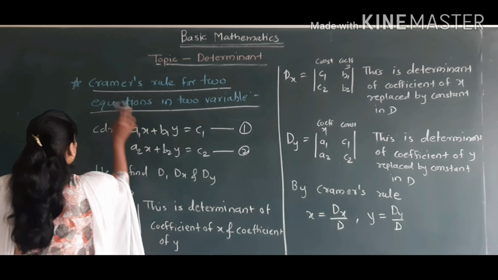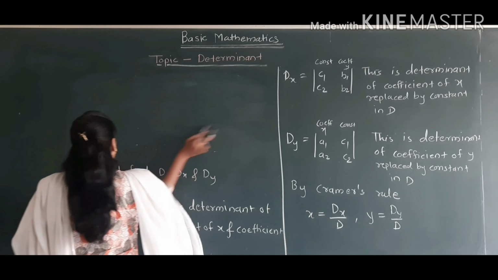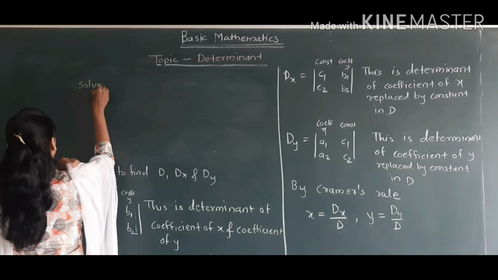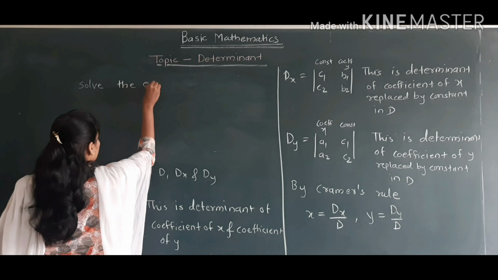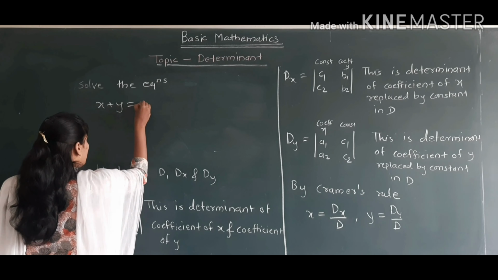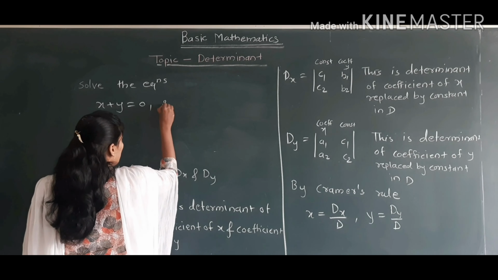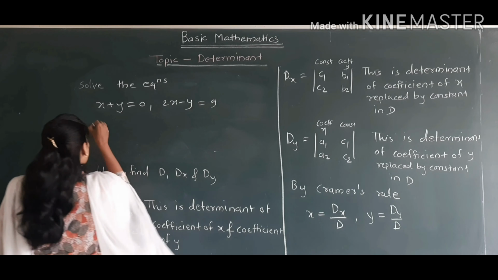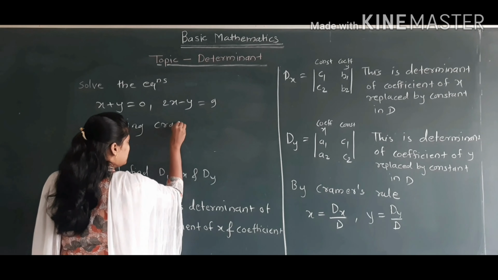Now, let's see an example of Cramer's rule for two equations in two variables. Solve the equations x plus y equal to 0, 2x minus y equal to 9 by using Cramer's rule.